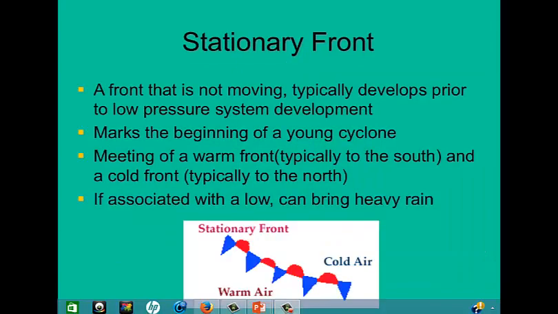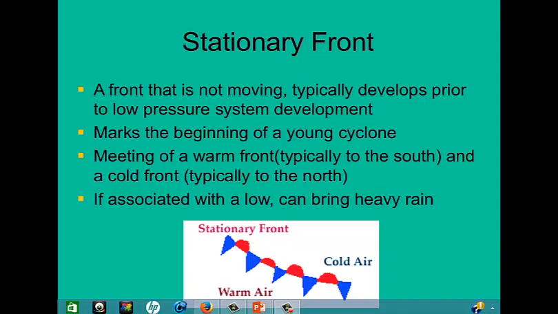The fourth type of front is a stationary front. A front that is not moving typically develops prior to a low-pressure system development. This marks the beginning of a very young cyclone, and this is the meeting of a warm front, typically to the south because our warmer temperatures come from southern direction, and a cold front from the north.